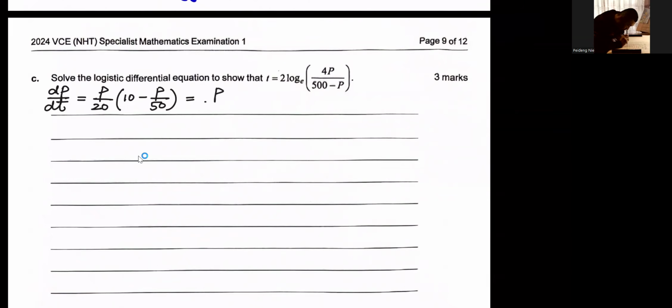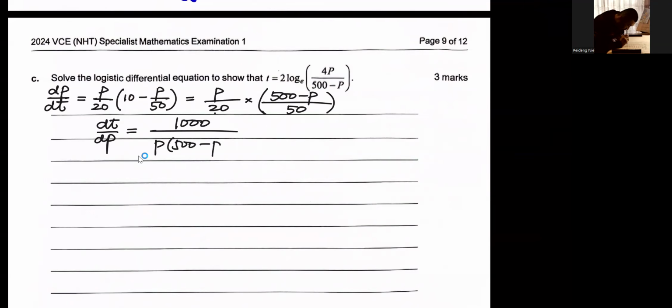So P divided by 20 times (500 minus P) divided by 50. Now it's a good time to flip it upside down. 20 times 50, yep, 1,000. And also I should get P(500 minus P), something along this line.